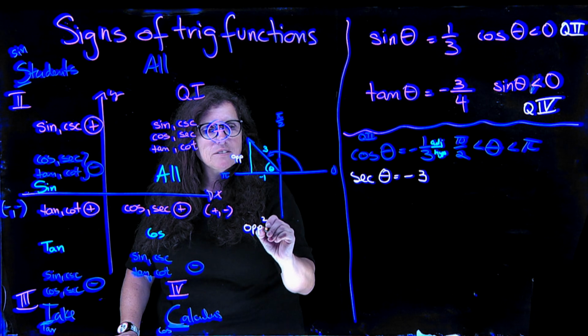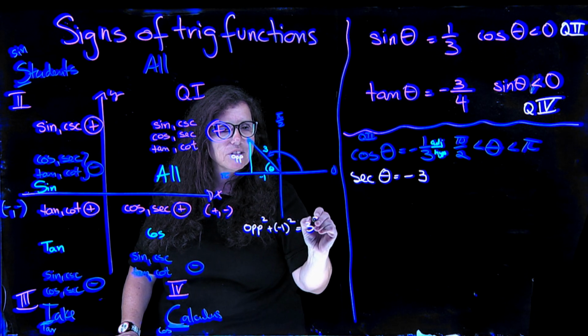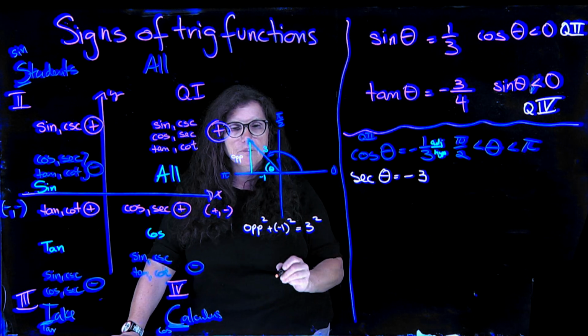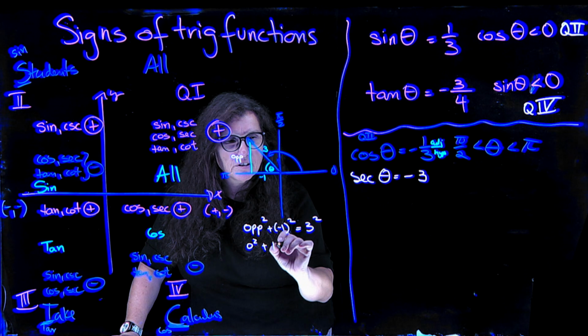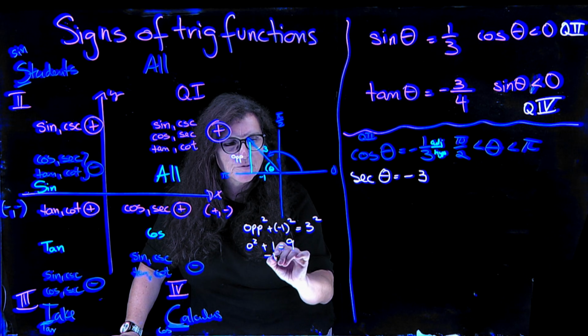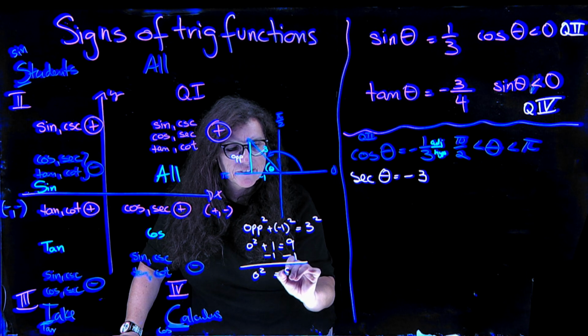Okay, let's find the opposite side. Opposite squared plus a negative 1 squared is 3 squared. Okay. O squared plus 1 equals 9. Subtract 1. Opposite squared is 8.